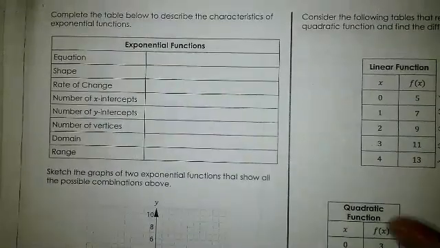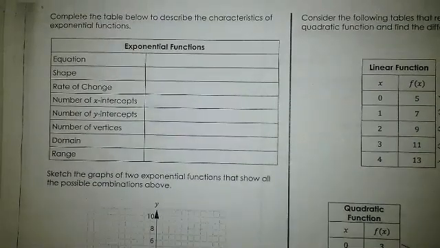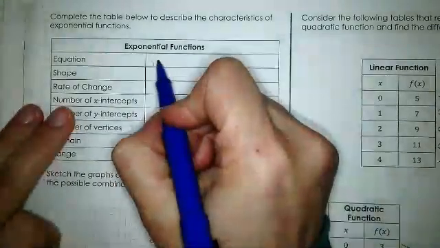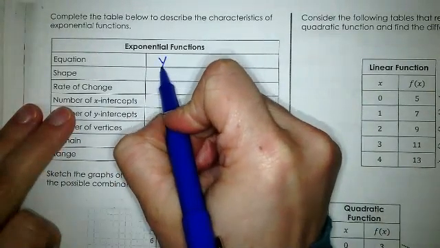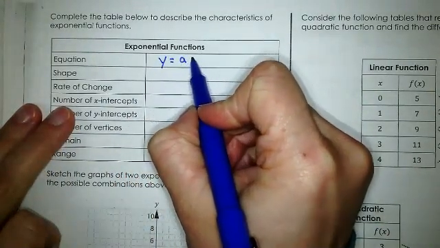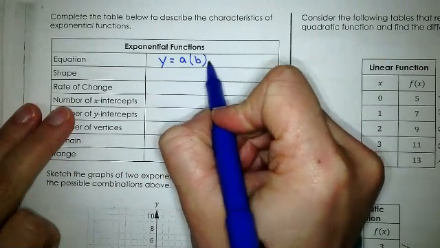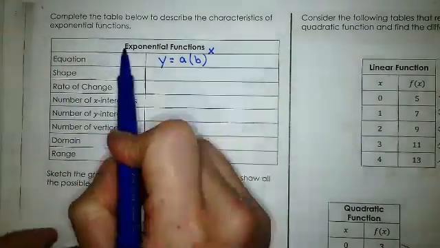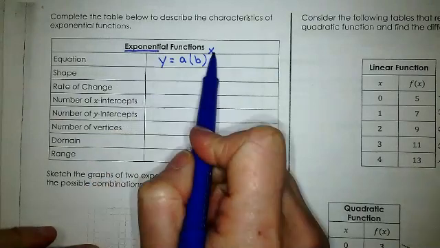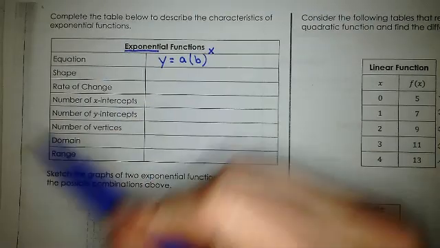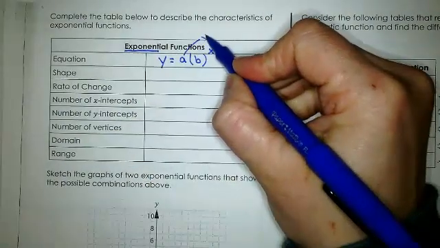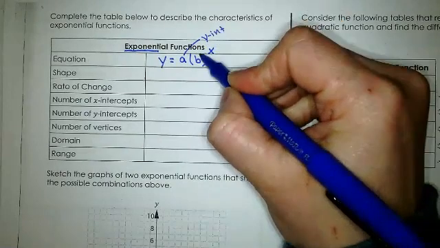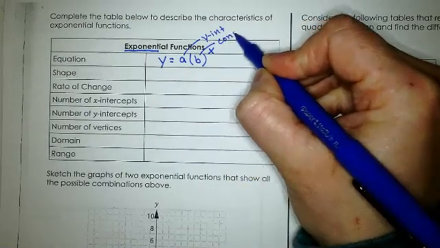The last type of function we were looking at is an exponential function. So the basic form for an exponential function is y equals a times b to the x power. So exponentials have exponents. A is your y-intercept, and b is your constant ratio.